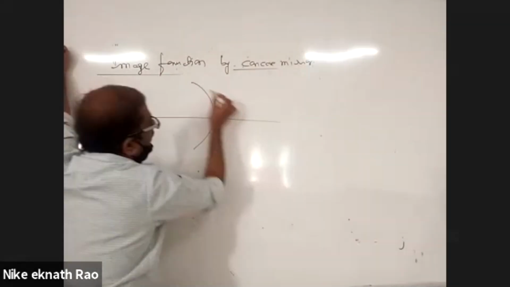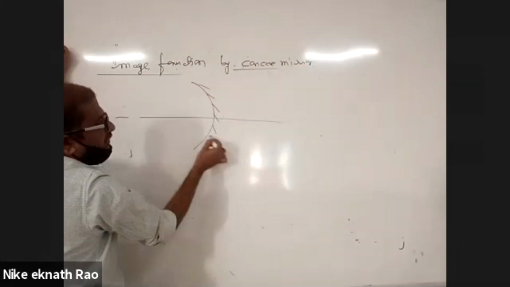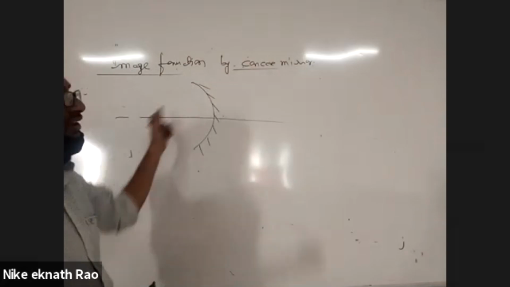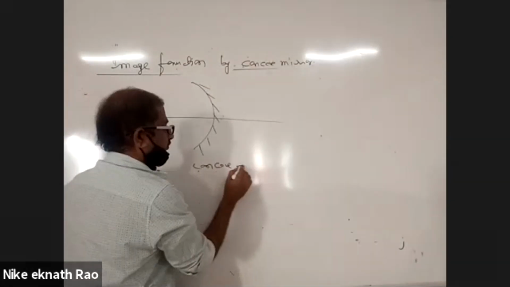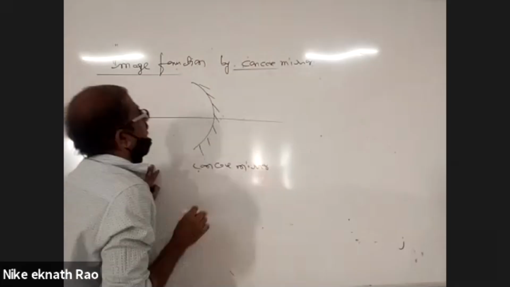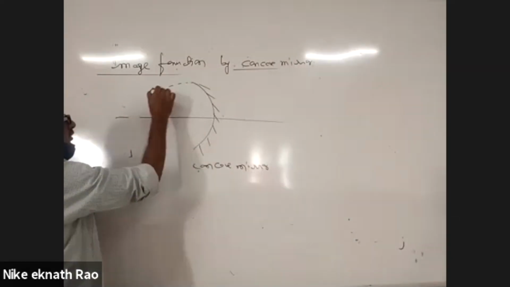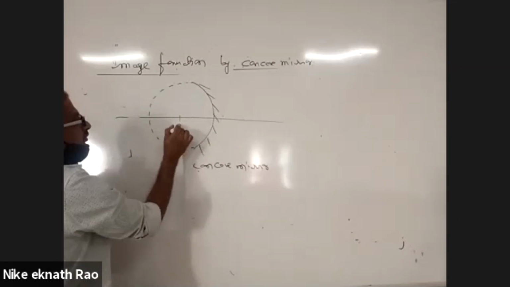If the bulbous portion is silvered, the shallow portion will act like a reflecting surface. This kind of mirror is called a concave mirror.